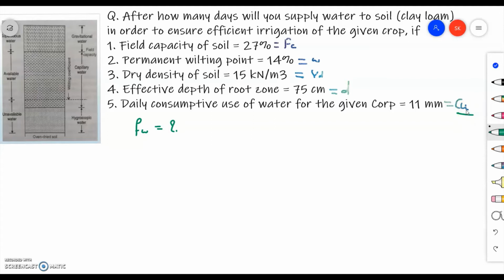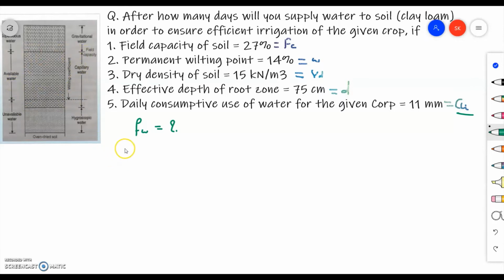So we'll go step by step. First we will find out the available moisture. From this figure, the available water is basically from the wilting point up to the field capacity.